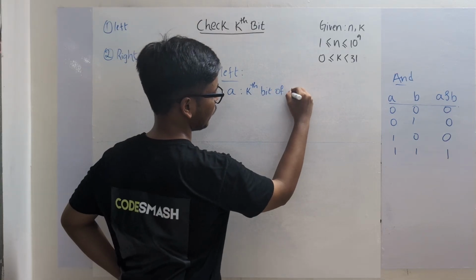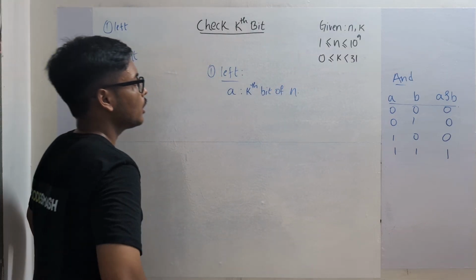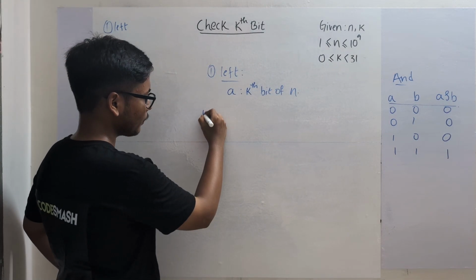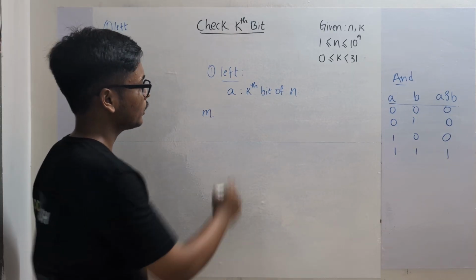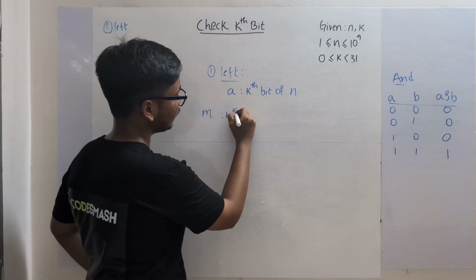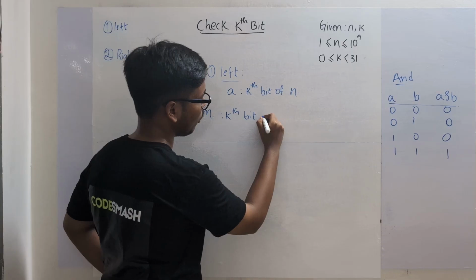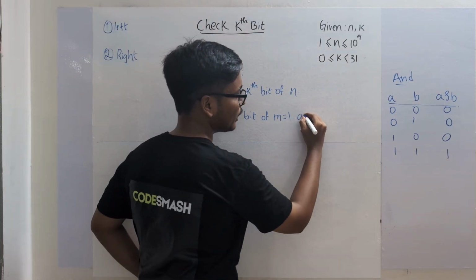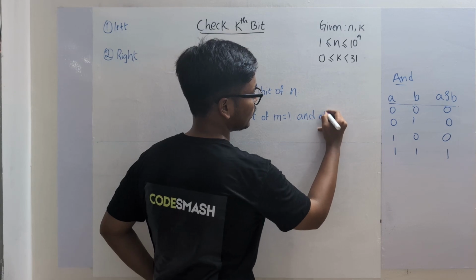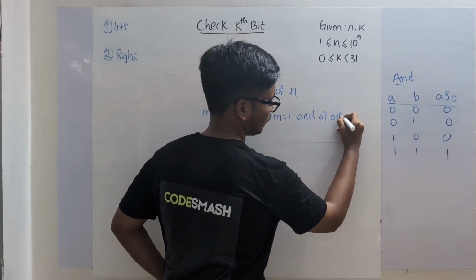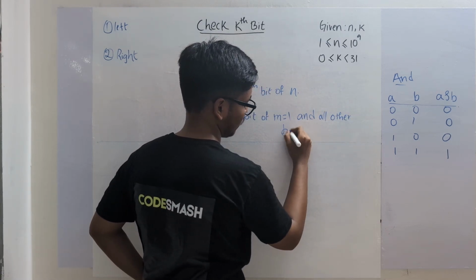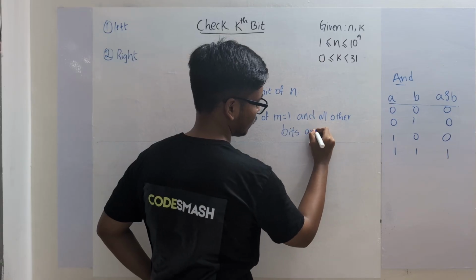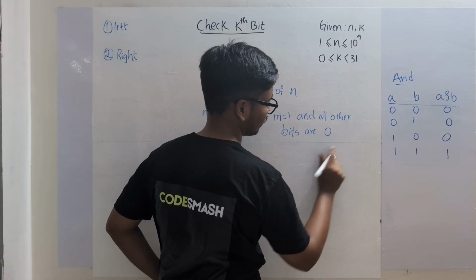Okay. Now we will generate a number m such that the kth bit of m is 1 and all other bits are zeros.